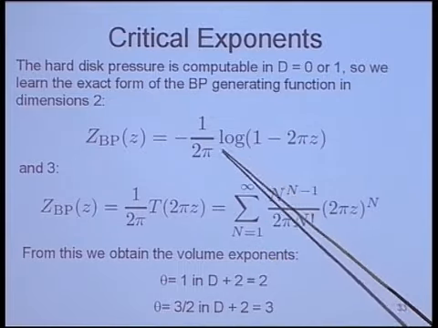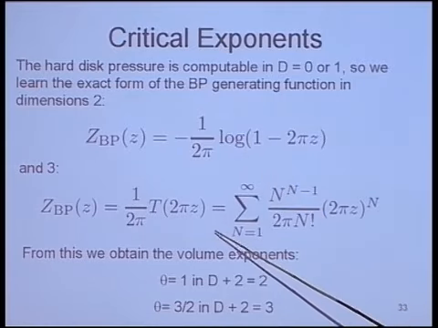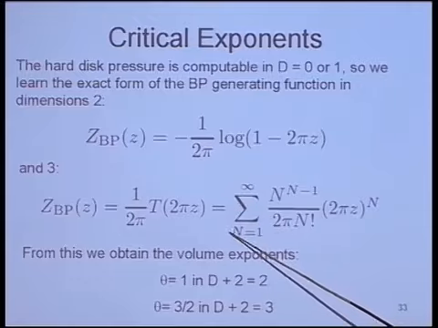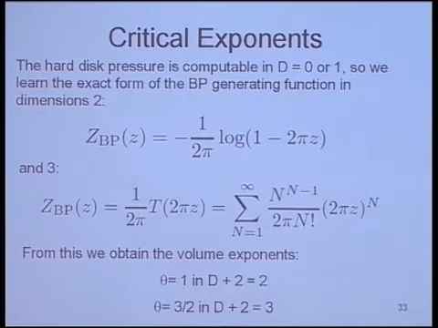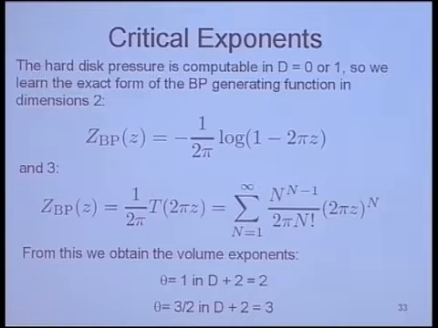Critical exponents: we can solve the hardcore problem in 0 dimensions, and in one dimension. And therefore, we can actually write down this generating function for branch polymers and learn the values of theta in 2 and 3 dimensions.